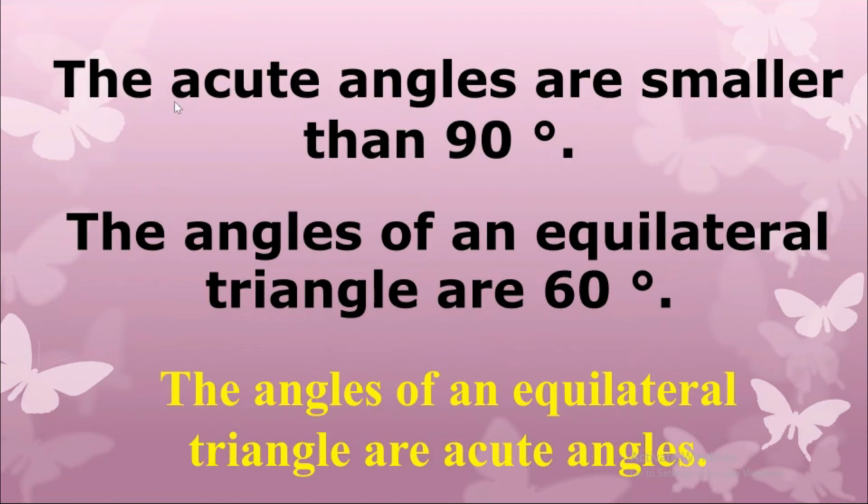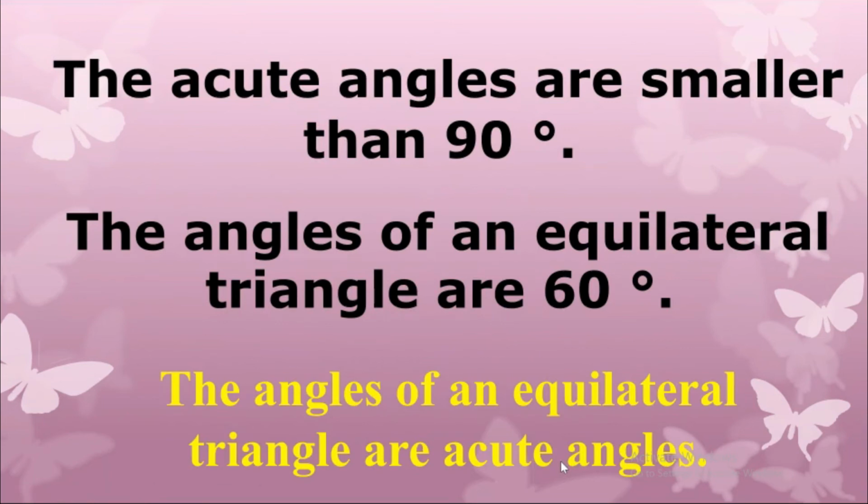So it follows that it is an acute angle. 60 degrees is an acute angle. Therefore, we have to conclude that the angles of an equilateral triangle, since they measure 60 degrees, then they are acute angles. So that's it.